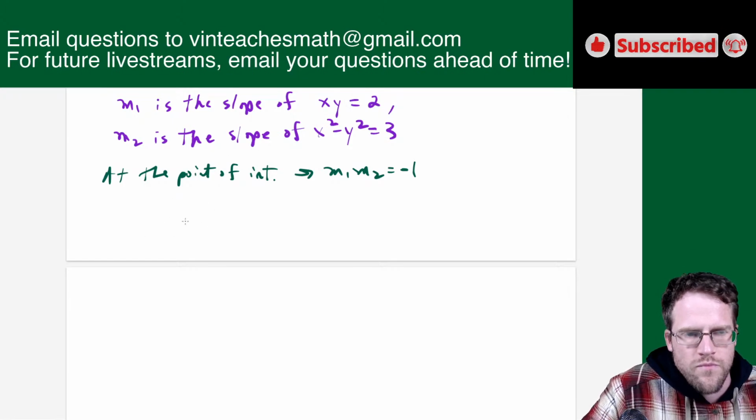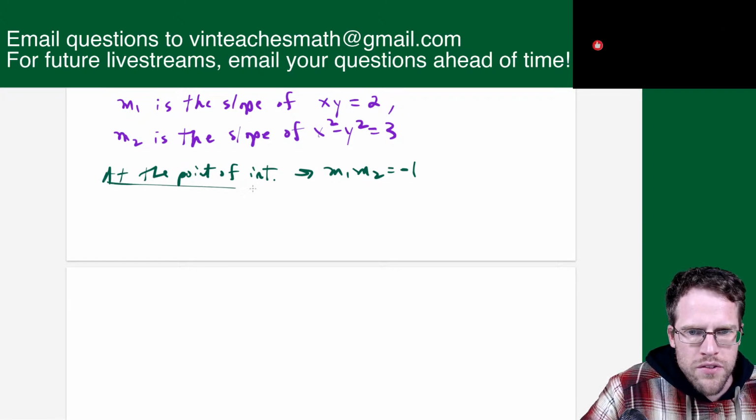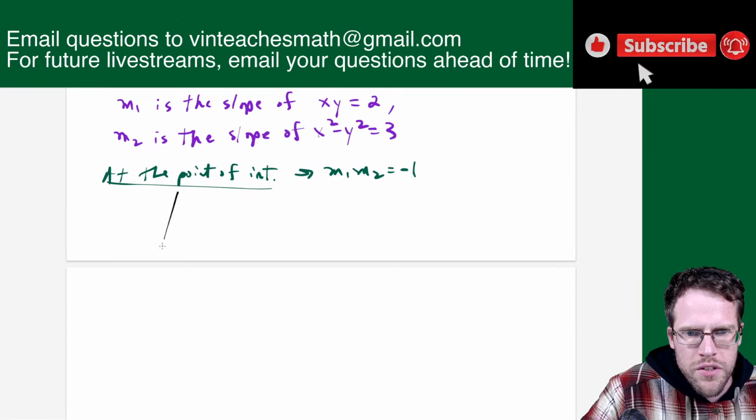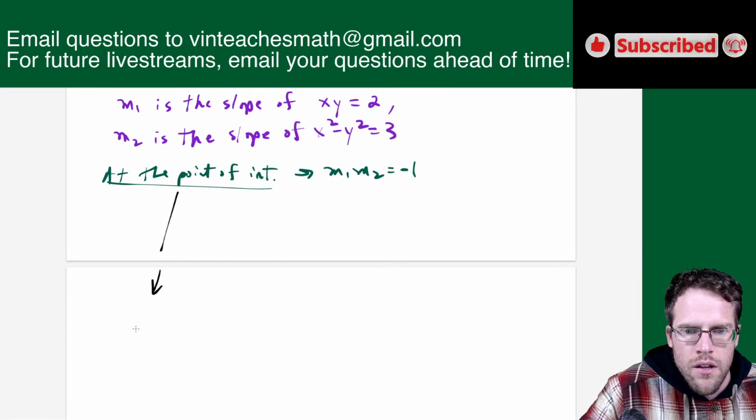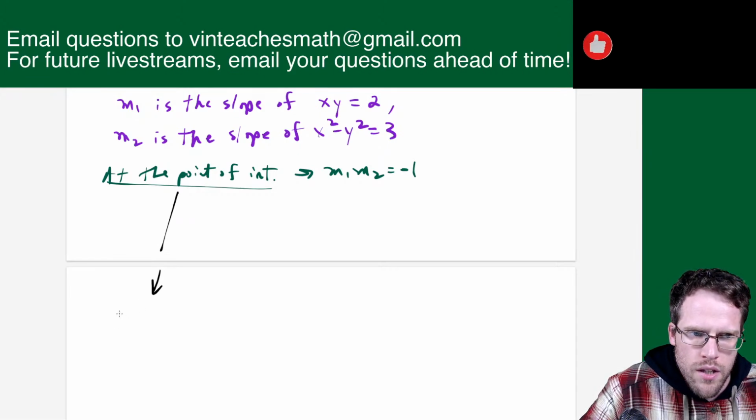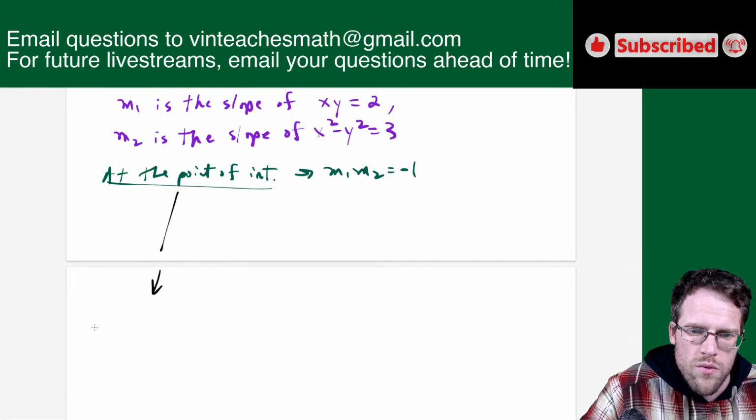So this one, at the point of intersection, it's not always like you have to do things in order, but that tells me, all right, where do they intersect? So that one, I would say something like, let's see, x equals 2 over y. I'll do y equals 2 over x.